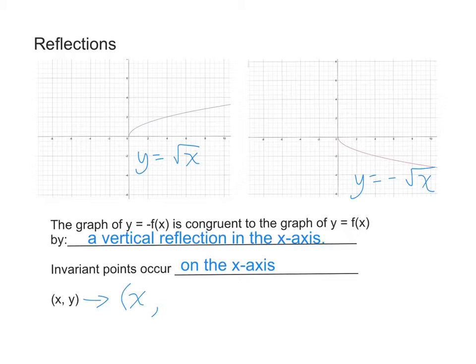They become opposite sign, right? So negative y. If they start out positive, they all switch to negative. If they start out negative, they switch to positive. So x and negative y is the mapping rule for a vertical reflection in the x-axis. And that happens when you put a negative in front of an entire function.